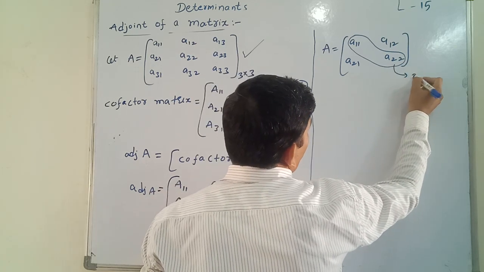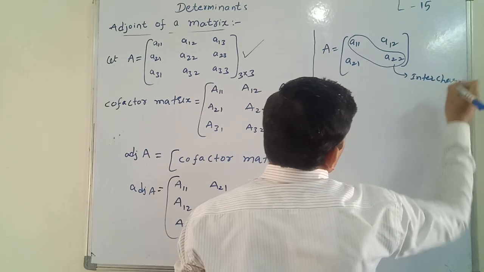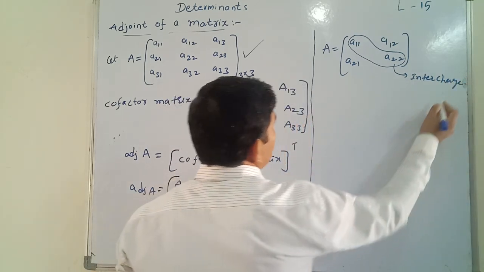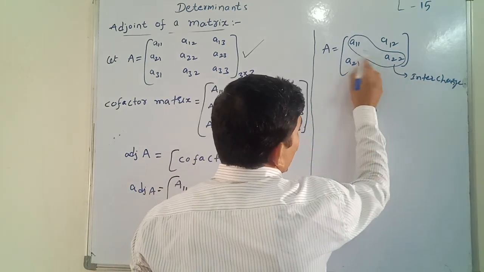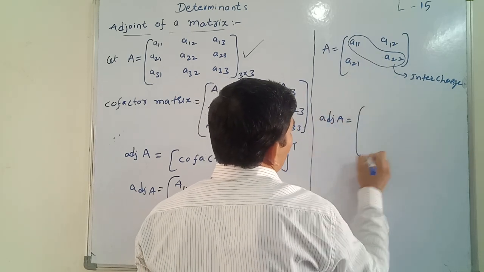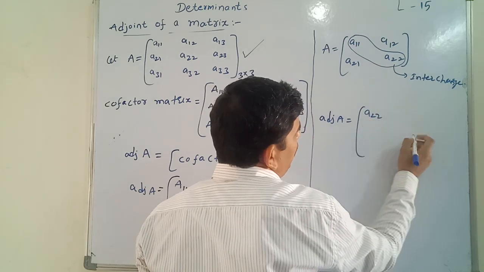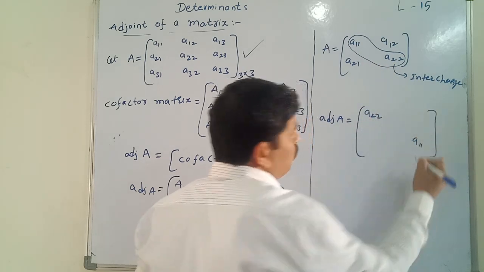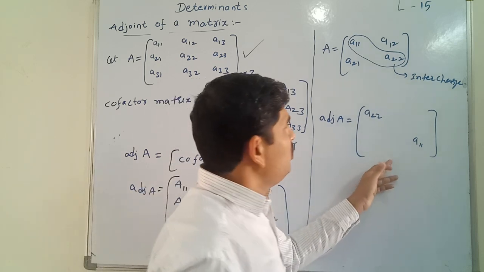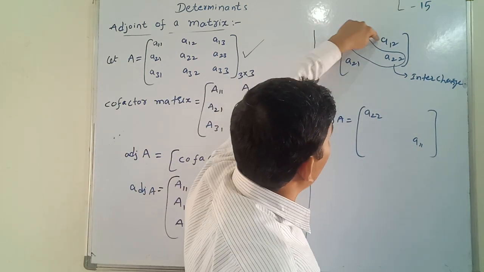I am writing here interchange. Adjoint A is nothing but, we are interchanging these two elements, meaning in place of A11 we write A22 and in place of A22 we write A11. After that, we have to change the sign of these.